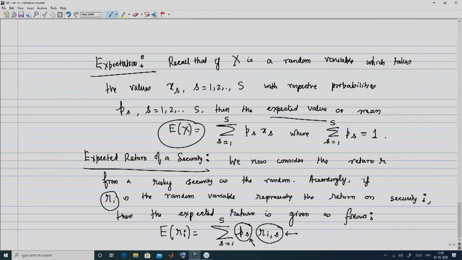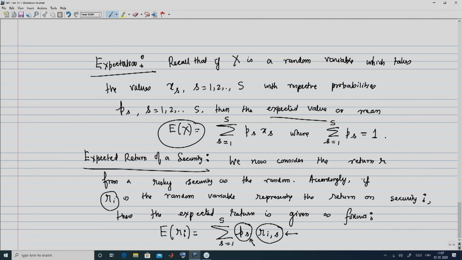An example for this could be that this capital S number of scenarios could be the state of the economy. In particular, if you go back to the binomial model, you can see these p of s are going to be p and 1 minus p, and for the return Ri s there are two possible values, namely u and d, given by the upward and the downward movement.